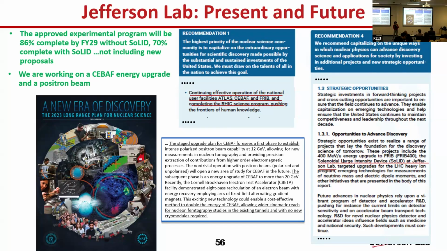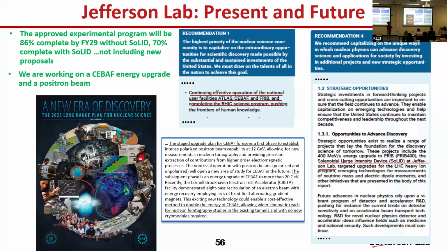Jefferson Lab, present and future. You know that the nuclear program in the US is defined by the long-range plan. Every 6, 7, 8 years, we have this long-range plan, which defines the path that the nuclear physics program has to follow.